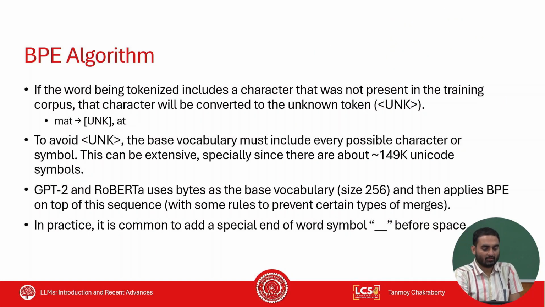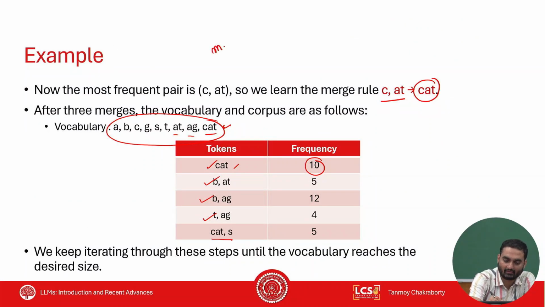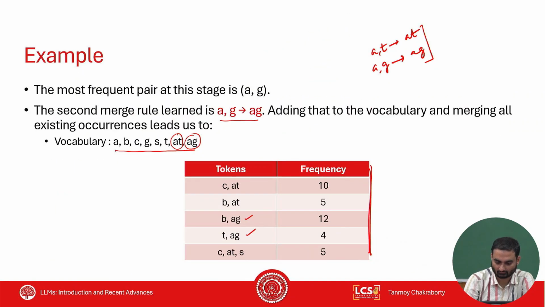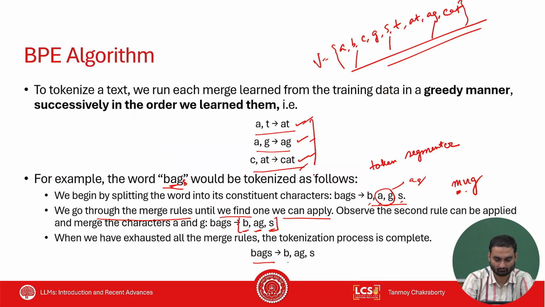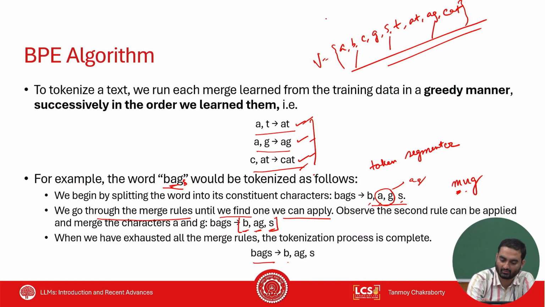Let's see. Okay, let's say the word is mat, M-A-T. Again we start applying the rules. First M-A-T will be split into M comma A comma T. Then we apply the first rule which we learned, which is A comma T derives AT.